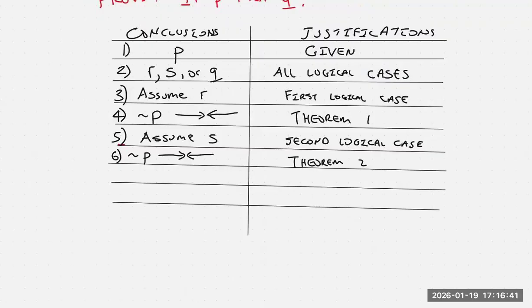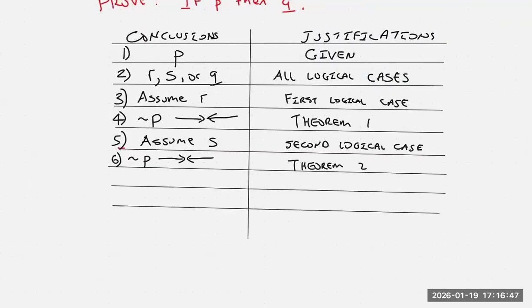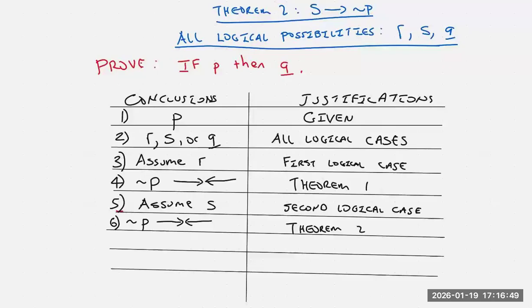So if we have tried R, it didn't work, tried S, it didn't work, there's only one possibility left, which was Q. Because Q was our last logical possibility. We don't have anything for Q, but we have eliminated R, we've eliminated S. So all that is left is Q. So we write, therefore, Q. How do we know that?